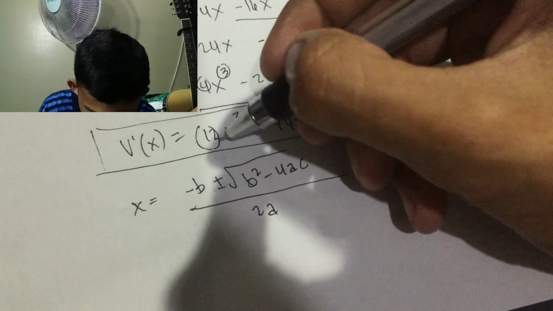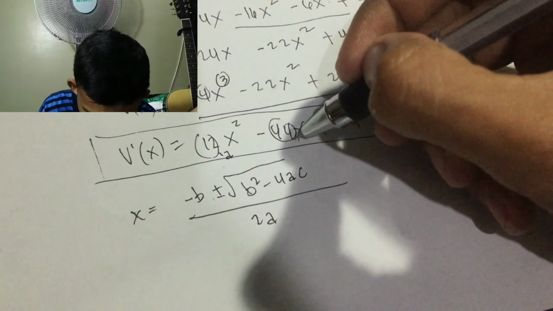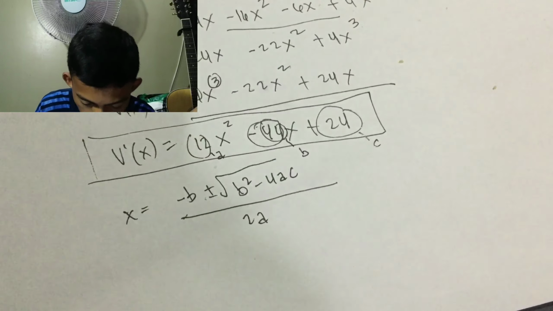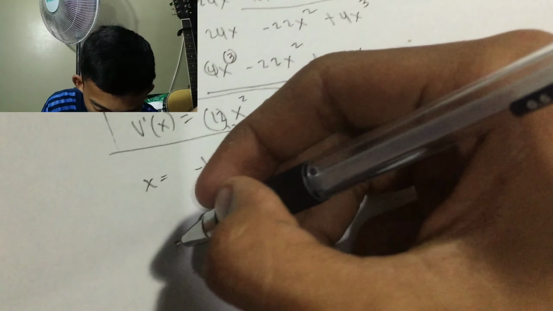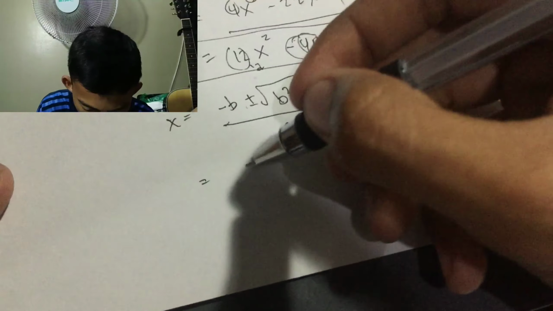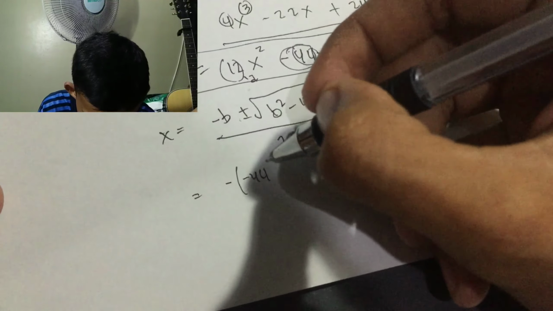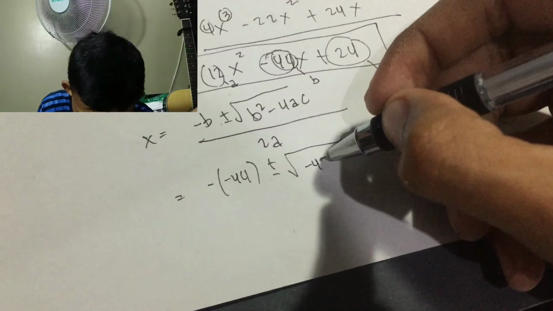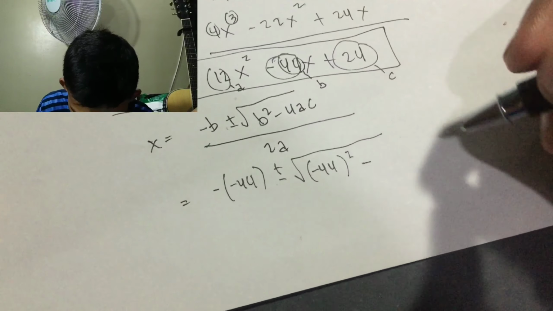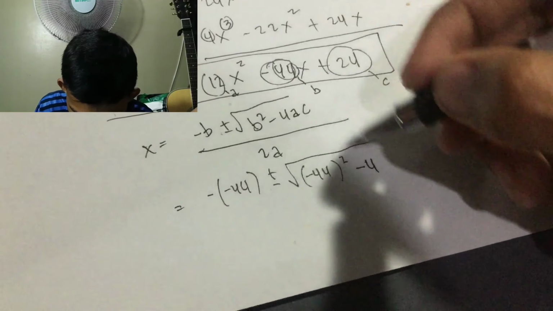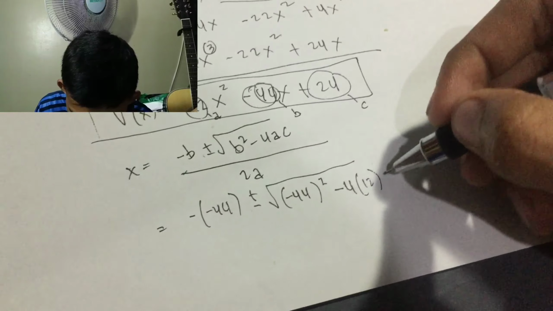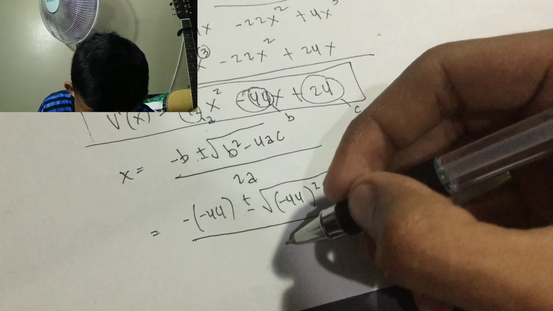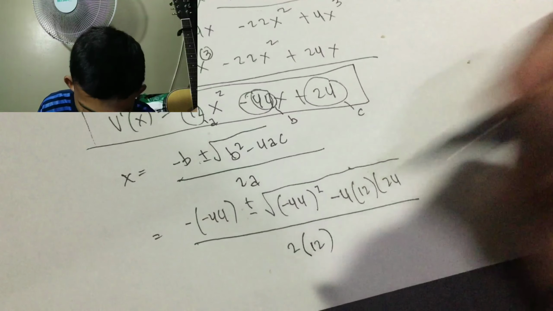And this is our a, 12, this is our b, negative 44, and this is our c, 24. So substitute. Our b here is negative 44, plus or minus the square root of b squared minus 4 times our a, 12, times c, 24, and then 2 times a is 12.